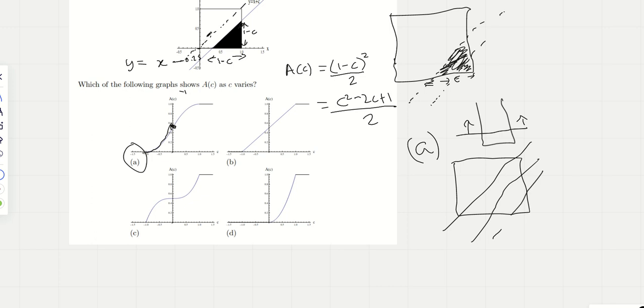And then on the other side, you're going to have to work out the area differently. I hope you can see now it's definitely going to be this one, because that's the only one which looks from minus 1 up to 0 like the bottom half of (1 minus c) squared over 2, which has a repeated root at minus 1. It just looks so right now.